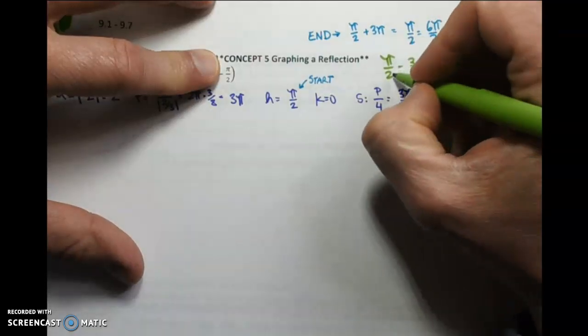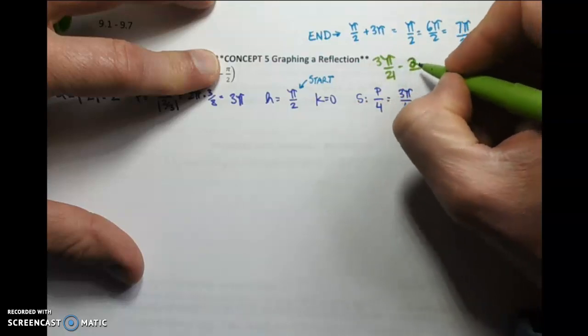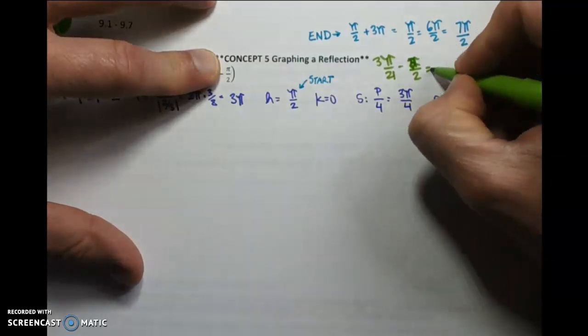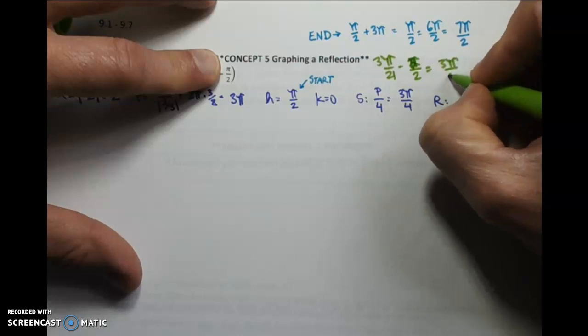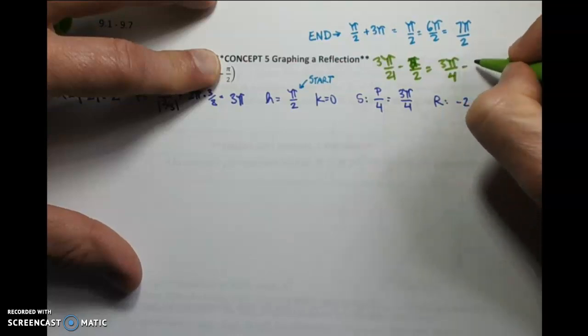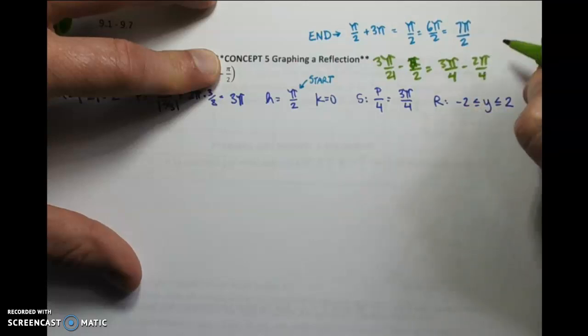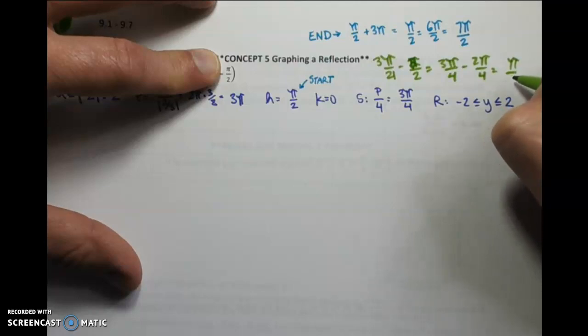Well, I should actually do the opposite: 3/4 pi minus half a pi. I have to take the bigger number first. So now let's make common denominators: 3/4 pi minus 2/4 pi, and that gives me pi over 4.